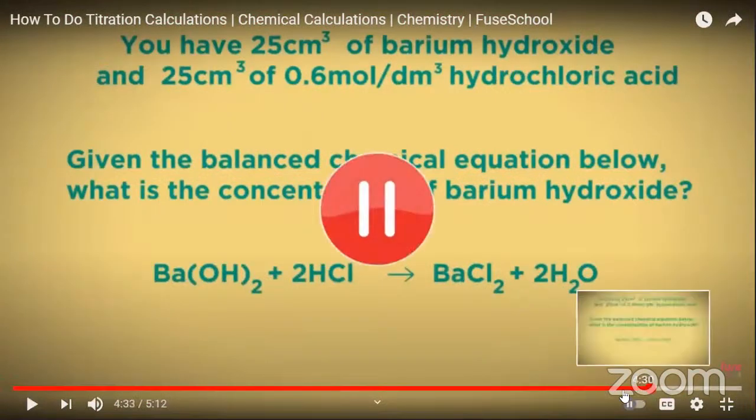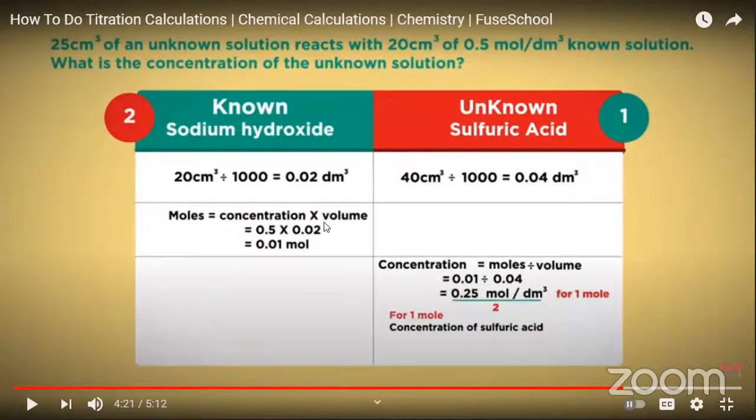Okay. So right here, one thing that you have to note about mole ratio, we looked at it in the other video, is that you don't have to first calculate the entire concentration and then divide by 2. You can get the number of moles of the known, then you divide by 2 due to the mole ratio. It depends on what mole ratio you have.